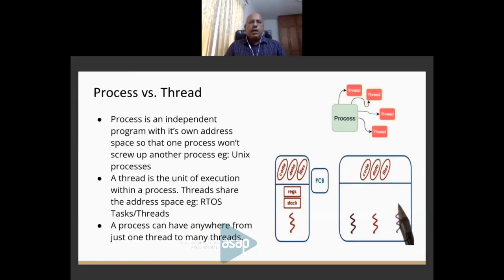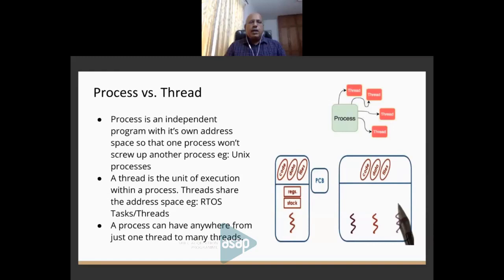But there are other ways, like socket-based communication, by which you can share even between processes. But each of these processes runs very independently, and it won't crash the others. Whereas with threads in a real-time operating system scenario, if you screw up another thread, then the whole system can crash. So this difference you should understand.